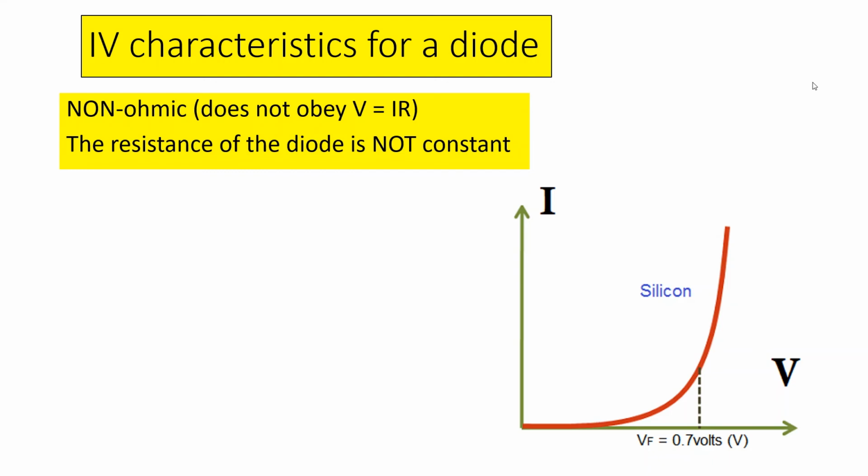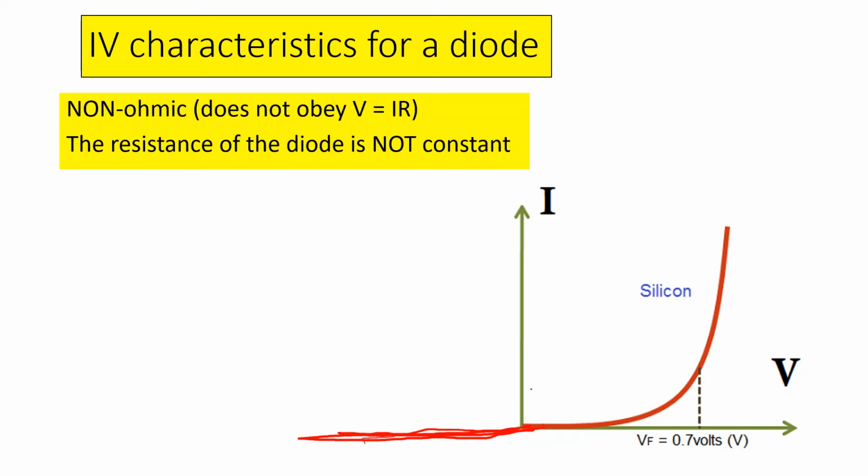Okay, so what are the IV characteristics for a diode? Again, it is non-ohmic, meaning it does not obey V equals IR, it is not a straight line, so the resistance of a diode is not a constant. If you did have a negative voltage, it would go in this direction, and very little current will go through.